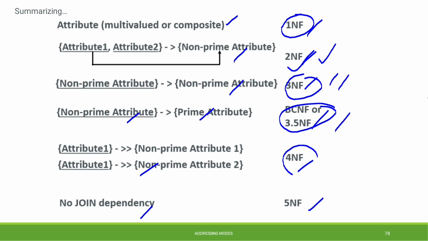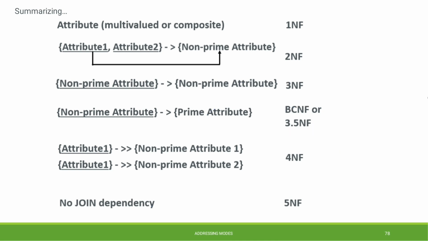To check for 4NF, first it should be in BCNF. To check for 5NF, first it should be in BCNF, then only we can check for 5NF.